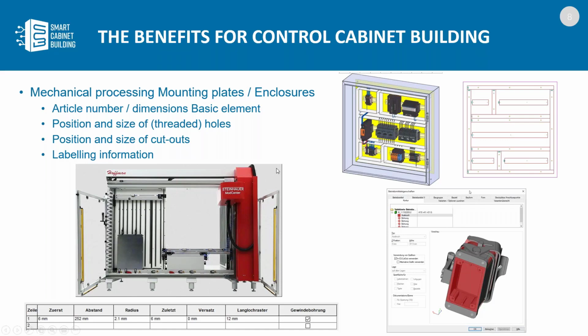Typically, you have two types of components on such mounting plates. The cable ducts and mounting rails, which are in dynamic length, typically have a definition of the holes: where the starting point is, which step the next hole is located, the size of the hole, and so on.